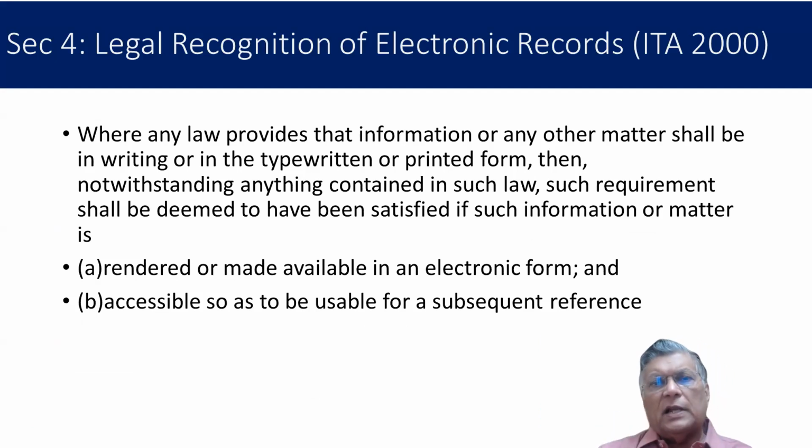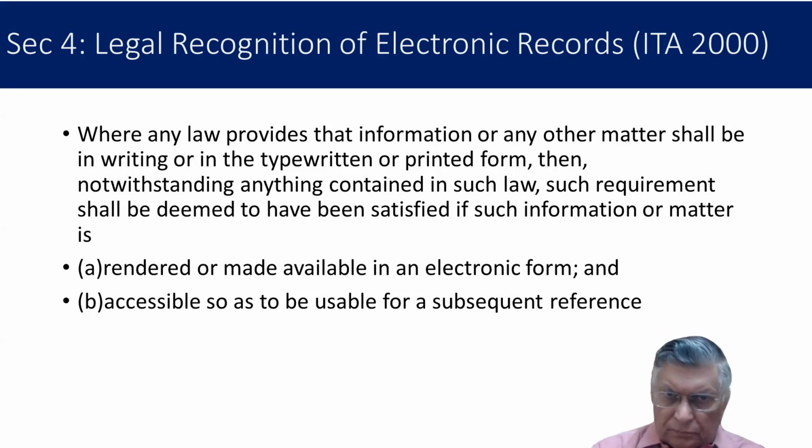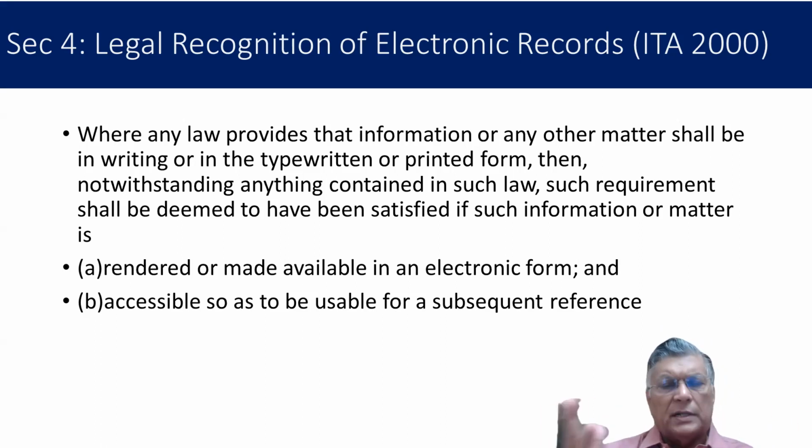To me, this particular section appears to suggest that if there is an electronic form document which is not accessible or not meant to be accessed to be usable for a subsequent reference, such temporary documents do not have legal recognition, and therefore should not even legally be recognized as evidence. This can be contested, but this is one of the views.